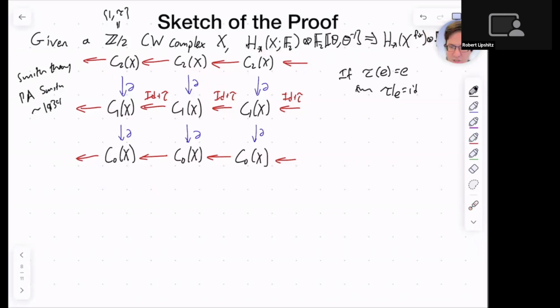And here's how you prove that. The proof is at the level of exercises you could give in a beginning course on spectral sequences.